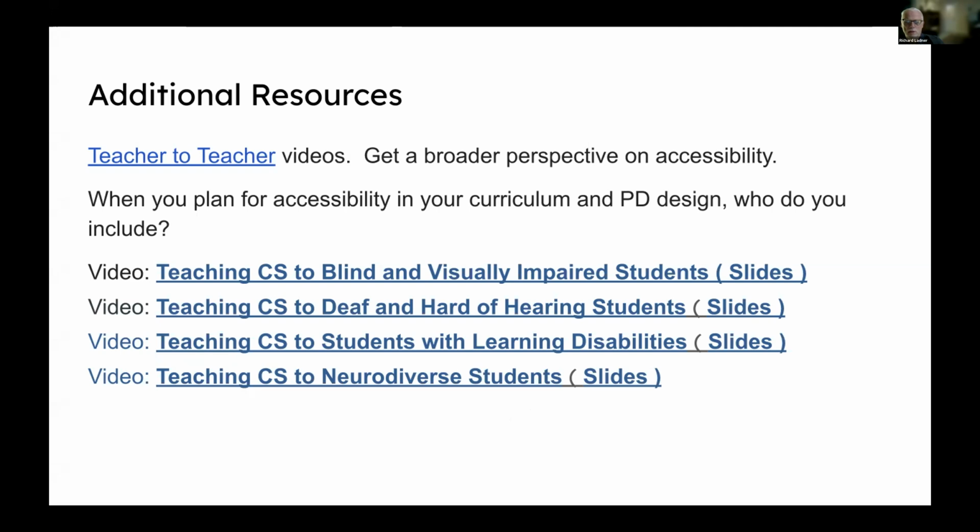Remember I said earlier that we had worked with teachers at special schools, and we got some of those teachers to talk about what they do with their students. So this is pretty detailed. The one on blind and visually impaired is Gina Fugate, one of the CSTA equity fellows. And the one on learning disabilities was done by Sarah Cyrus, who was an equity fellow the year before last.